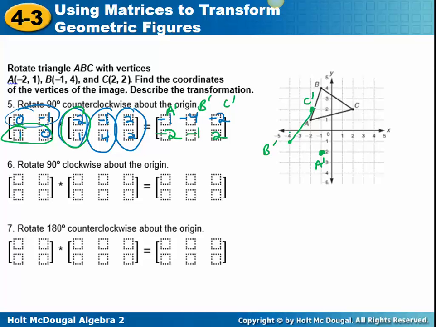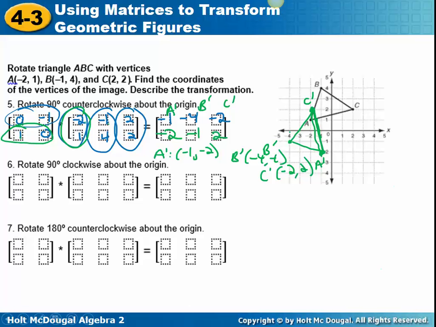So if we connect these points, that is our triangle after rotation 90 degrees about the origin. And then you can find out what number 6 and number 7 would look like. So A prime is at -1, -2, B prime was at -4, -1, and C prime was at -2, 2.